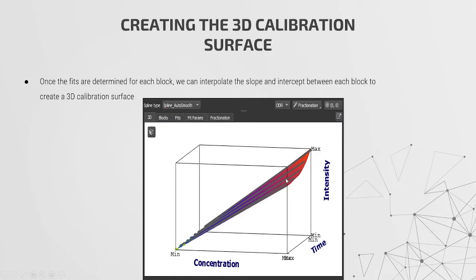And that's what we're doing here. You can see that between our different blocks, we're interpolating, and that will create our surface. This means that for any point in our experiment, at any time value, we have a gradient and an intercept that we can use to calculate our concentration.